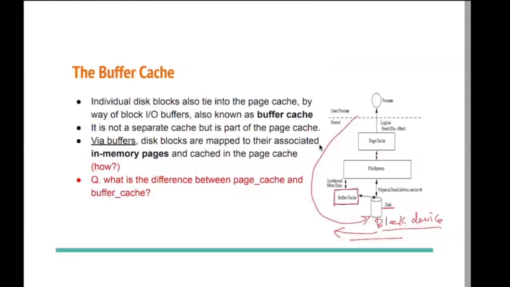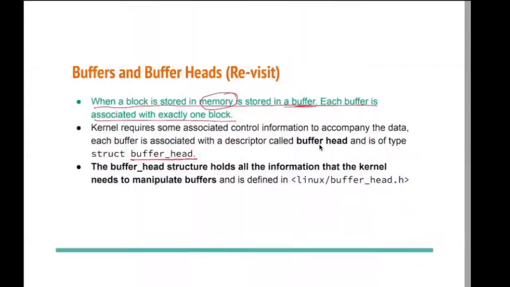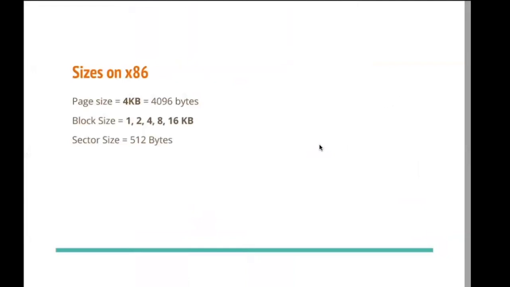So you can say that we have the blocks here in the buffer cache, and in the coming slide we will discuss how the buffer cache and page cache are related. Let me tell you that. In x86, this is a page size, so you can say that it is a page, and the block size can be different, like 1 kb, 2 kb, 4 kb. Let me assume it is a 2 kb block.